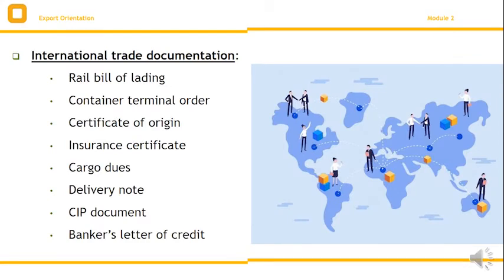During an international trade, there are certain documents or documentation that is required. The document is required to set up the export transaction between the importer and the exporter. Remember, the importer is sometimes known as a buyer or a consignee, and the exporter is sometimes known as a seller or a shipper.